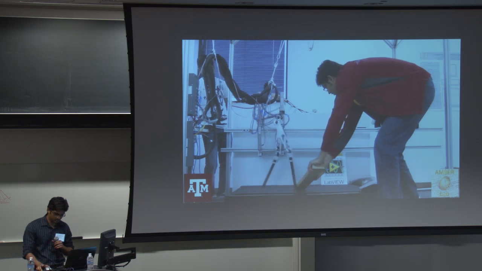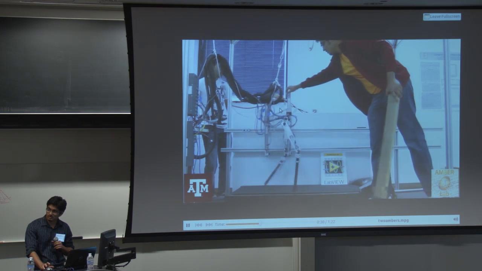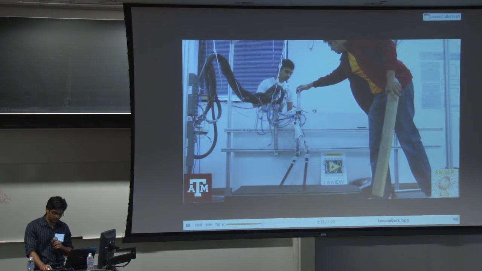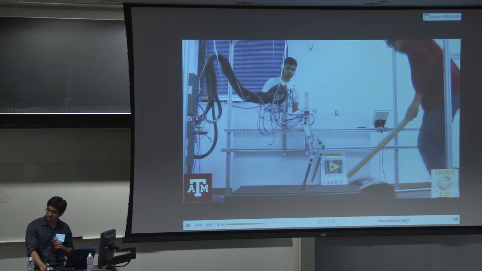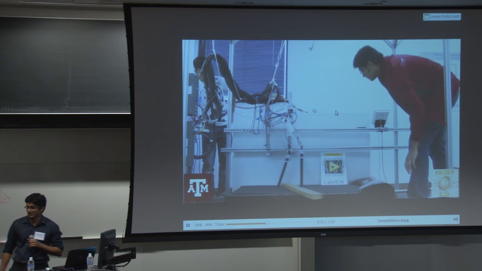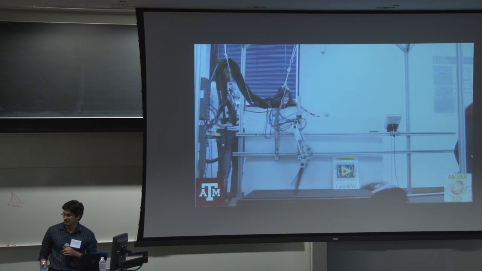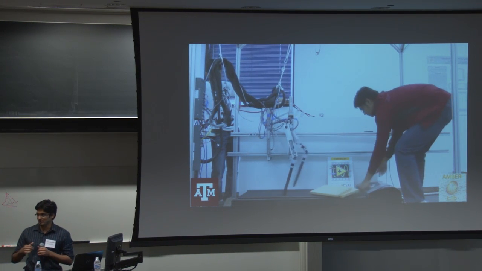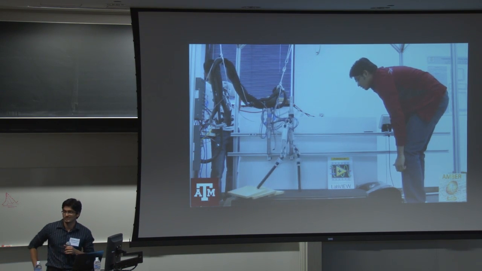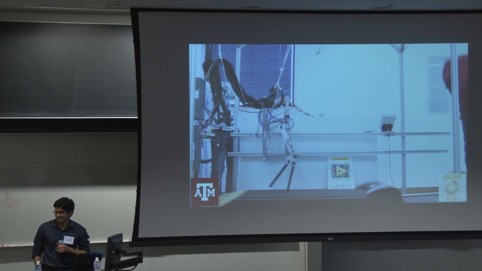Which one? Over here? Yes, there's a torso. It's constrained to be vertical. No, it's not. So it can rotate around the boom. And the boom is constrained there. Oh yeah, that's what you meant. Yeah, the torso can turn.